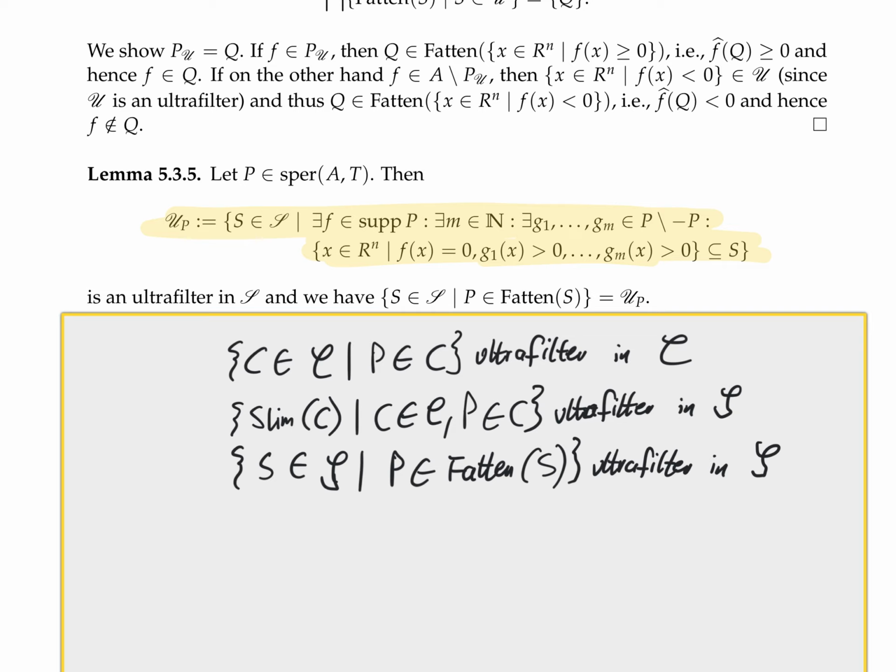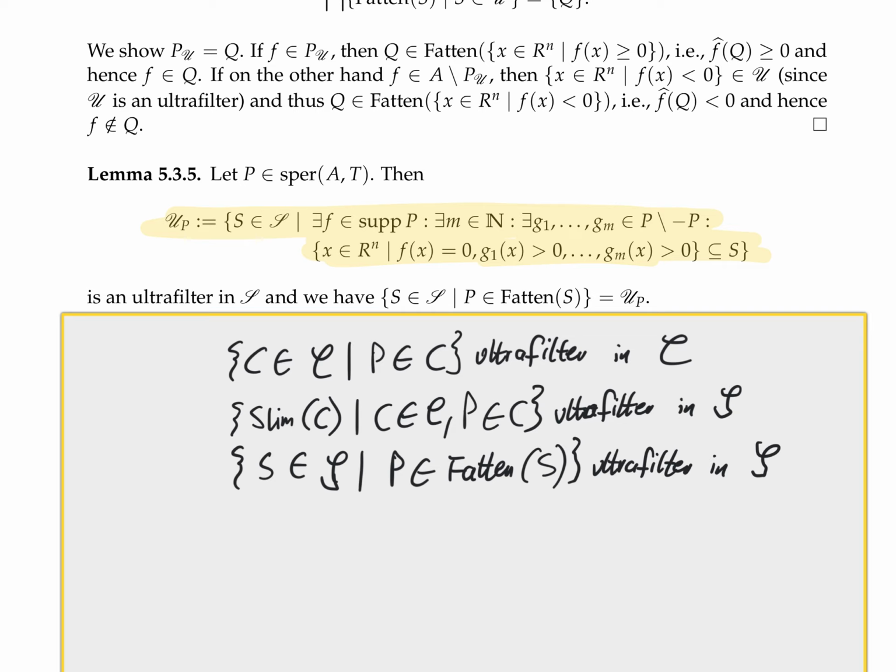Take such a thing that is satisfied by P, and this defines a k-semialgebraic subset of R^n, and I say that S should contain this subset.